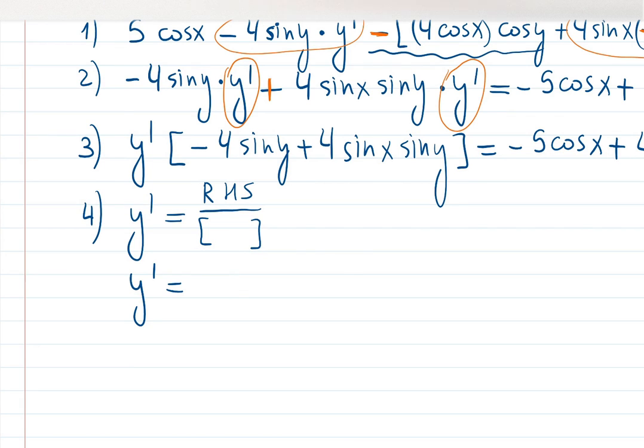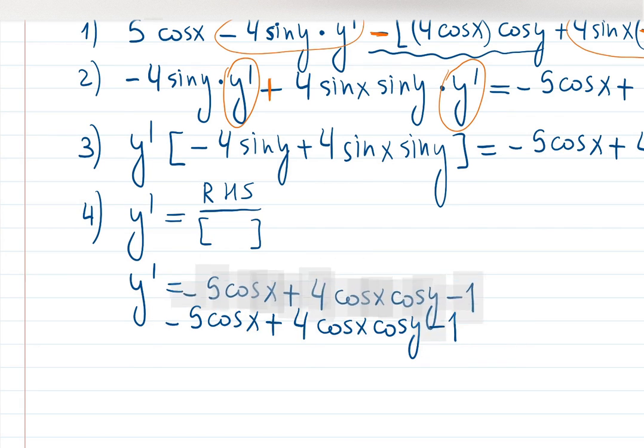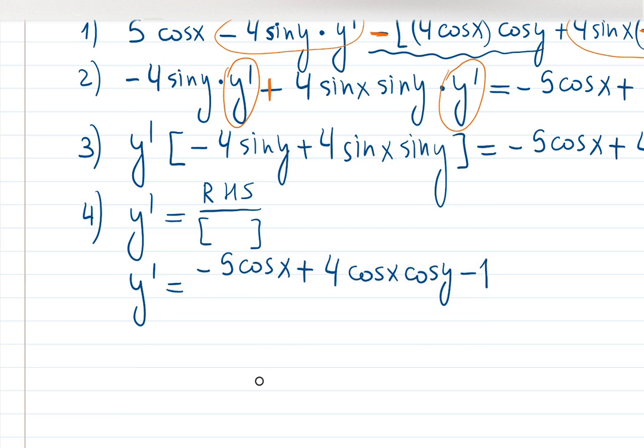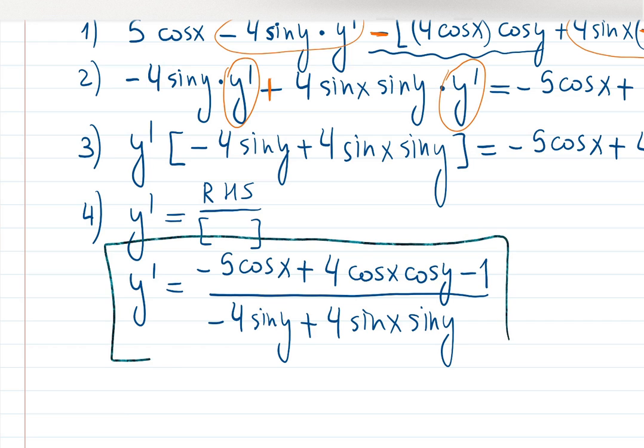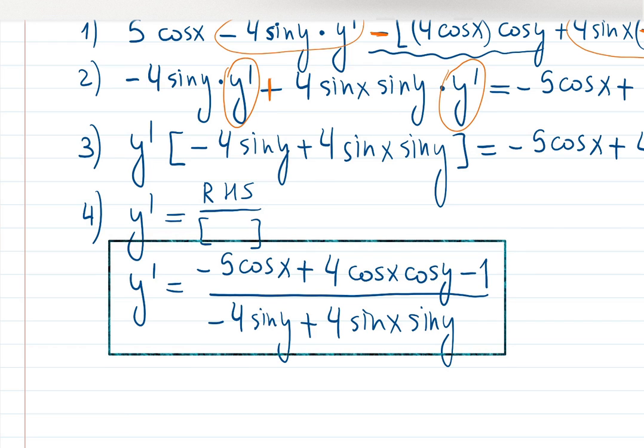So I will paste again the right hand side part all over the brackets part, negative 4 sine y plus 4 sine x sine y. And this is the answer for y prime. This is not the final answer, just for you to know, but I wanted to point out that this is the most important part.